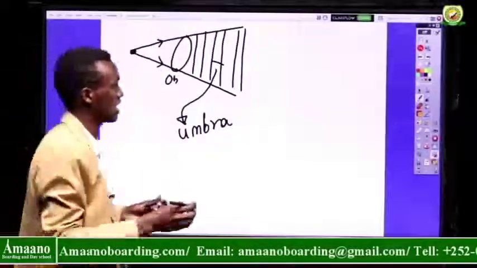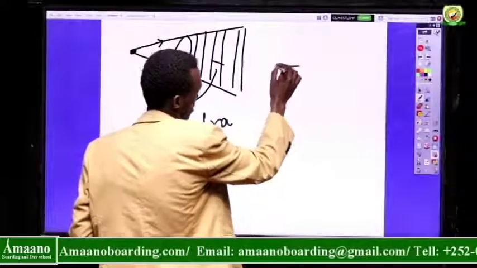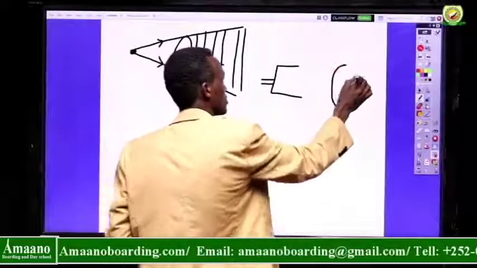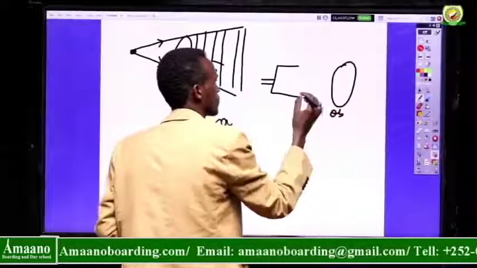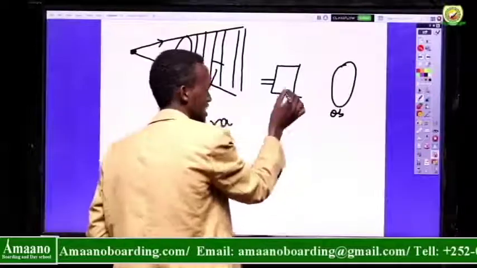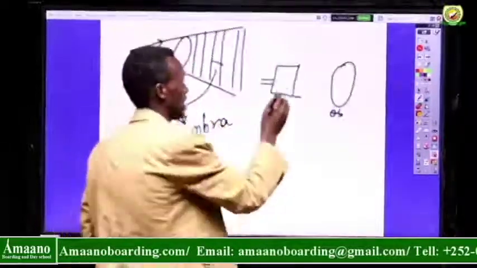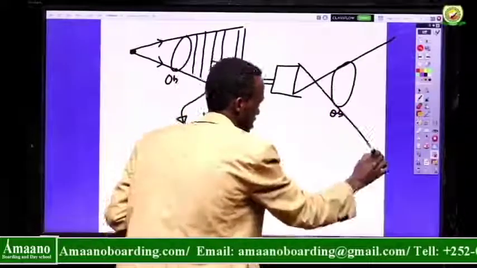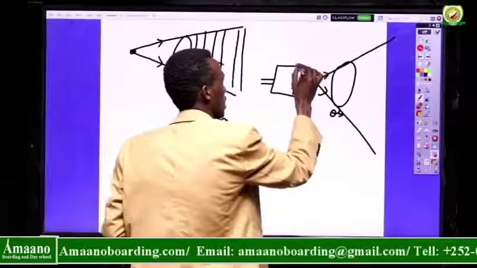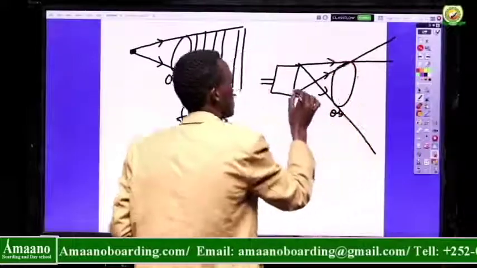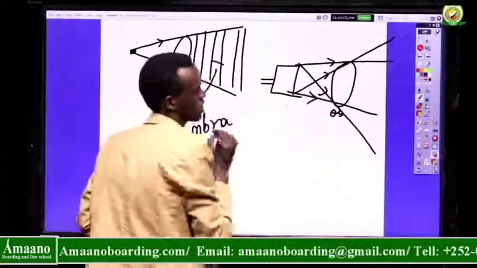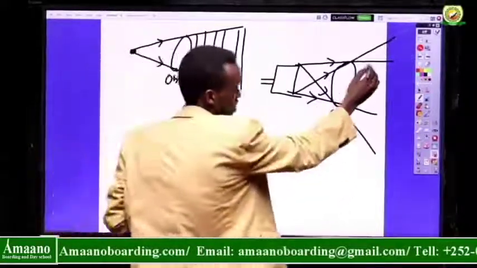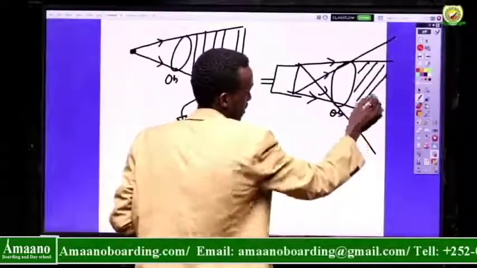Okay, if we have an extended source, this is an object, and this is an extended source of light. A ray of light from the source travels this way, and also this ray travels this way, and this ray, and this ray. So the shadow of this body forms behind it.